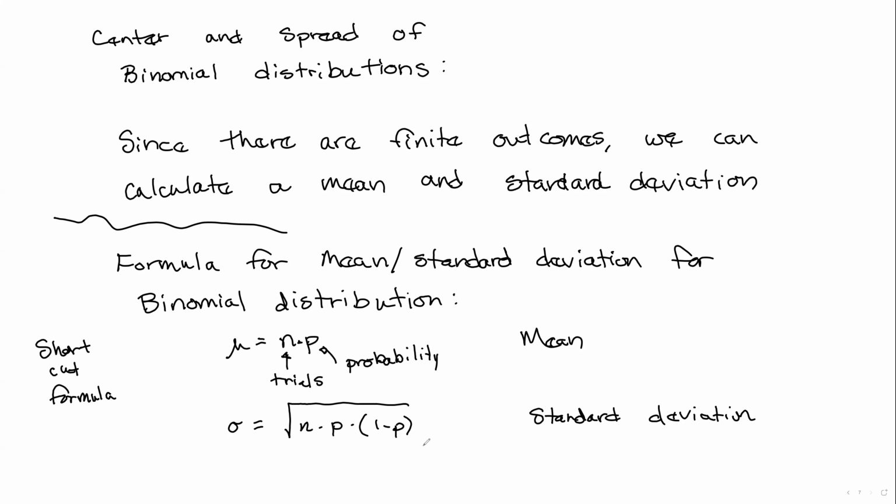All of those things still apply. So this is the same mean, balancing point, same standard deviation with the empirical rule. It's all the same stuff we've done before, just fancy trick formulas that we can use to calculate these much faster without having to do them by hand.